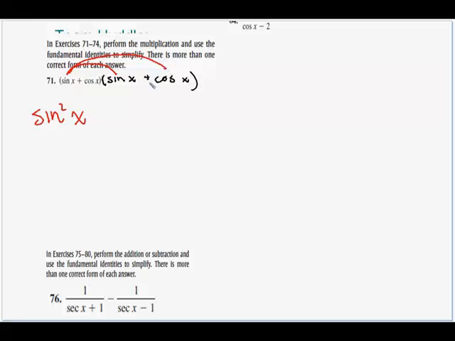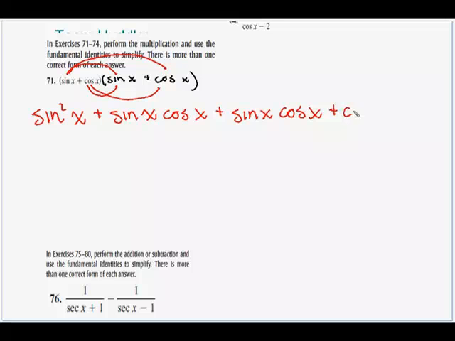First times last, sine of x times cos of x plus sine x cos x. Inner terms, cos times sine is another term, sine x cos x. And then our last terms, cos of x times cos of x is cos squared of x. So we can combine these terms, sine of x cos of x, and another sine x cos x.